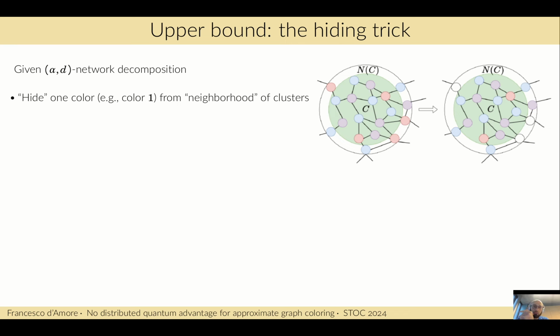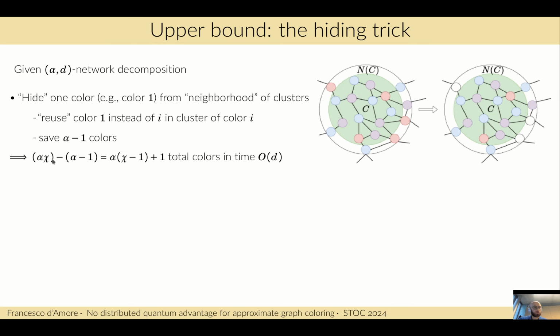I will not enter into details, but it is always possible to hide one color from the neighbors. And in this way, we can reuse this same color in all clusters, saving in total alpha minus 1 colors. So we get a coloring with alpha chi minus alpha minus 1, which is alpha times chi minus 1 plus 1 total colors. And this is possible given a network decomposition, again in time that is roughly the diameter of the clusters.